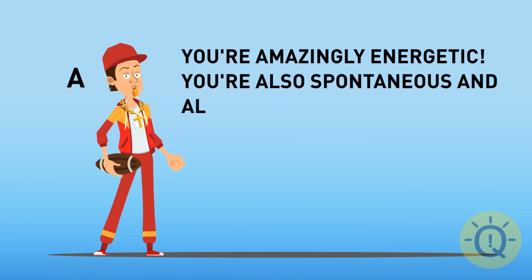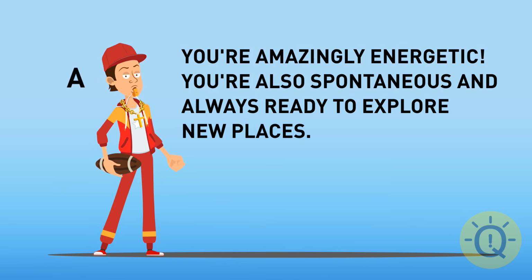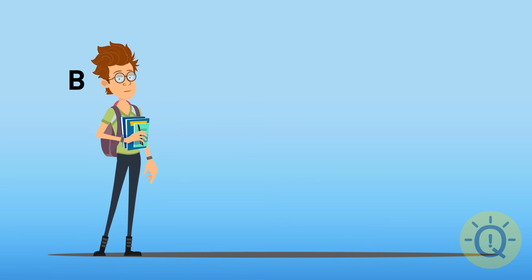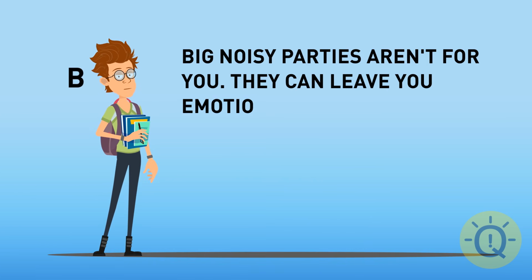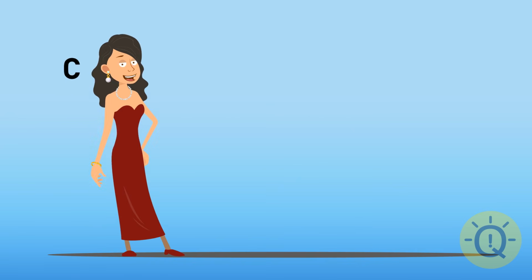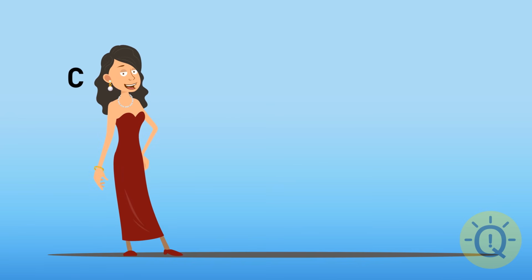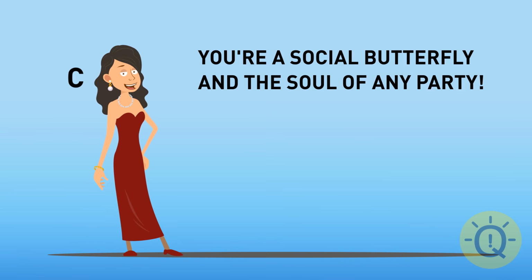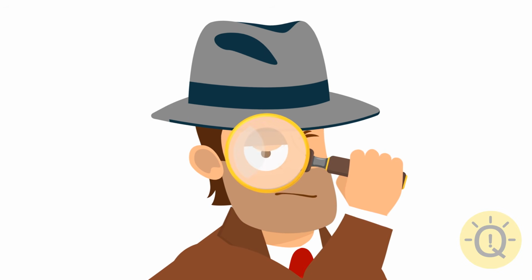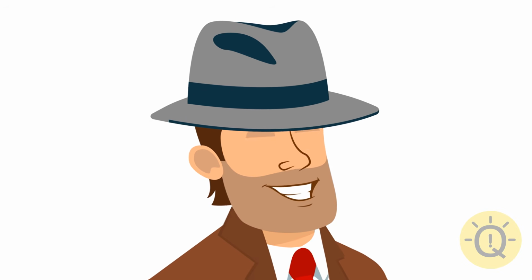You're also spontaneous and always ready to explore new places. If your choice was teacher B, big noisy parties aren't for you. They can leave you emotionally drained. And if you thought the millionaire was teacher C, you're a social butterfly and the soul of any party. So, how true is this? Tell me in the comments below.